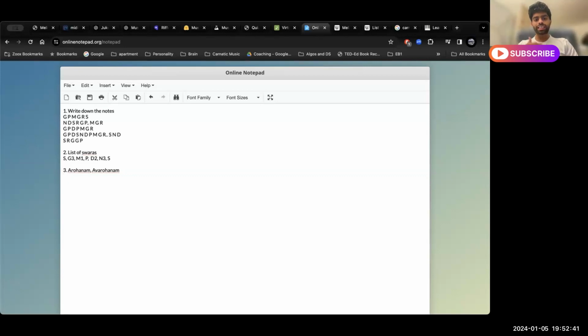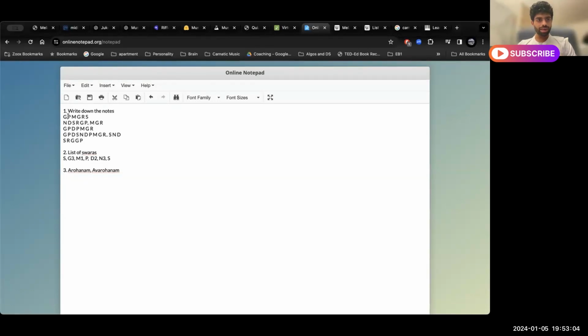So it's not ascending from that note into a higher note. It's about ascending into that note. So if ga is in the arohanam, it means re ga is a combination you will see in the tune. And if ga is not in the arohanam, you would not ascend into ga. And similarly with avarohanam, you descend into the note if it's present in the avarohanam.